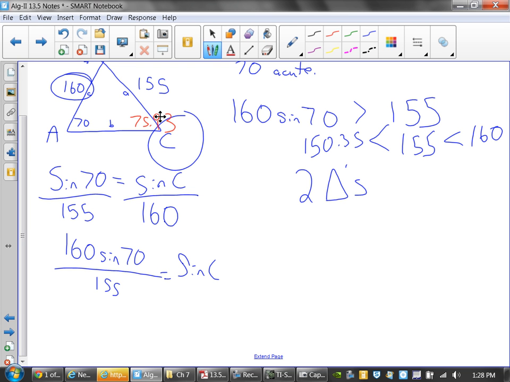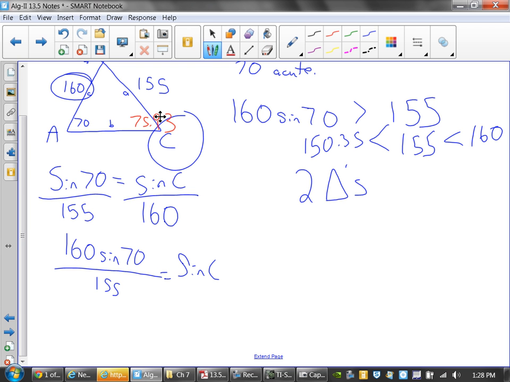Now, I'm going to stop at that point because what happens after that gets kind of weird about how you work around to get to the secondary angle, because you haven't learned about the unit circle yet. But this part really isn't relying upon the unit circle, so we'll go over that tomorrow.